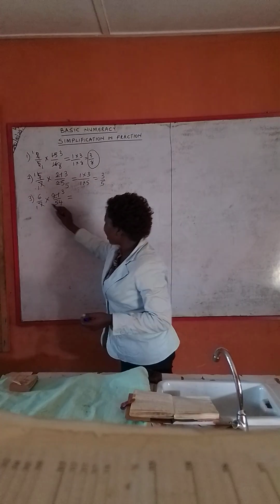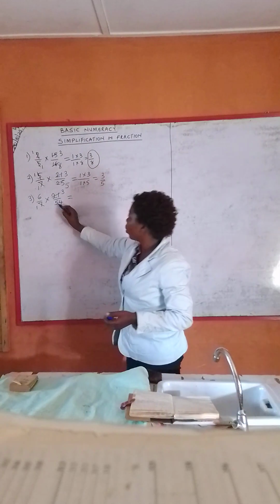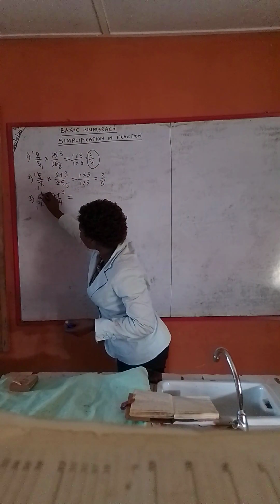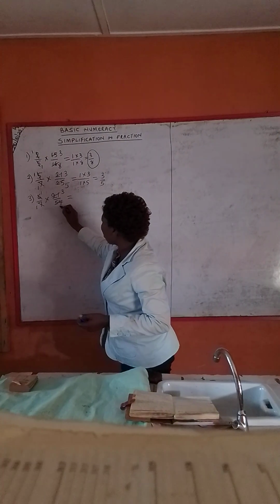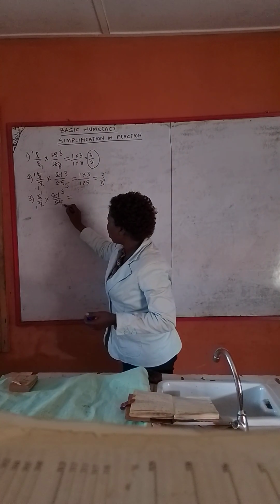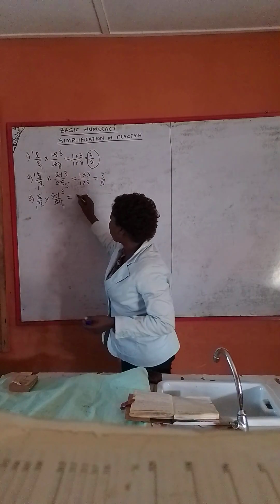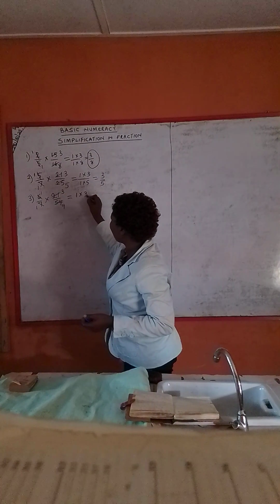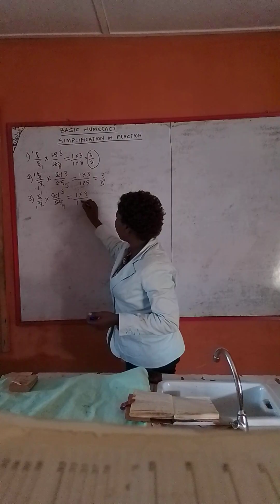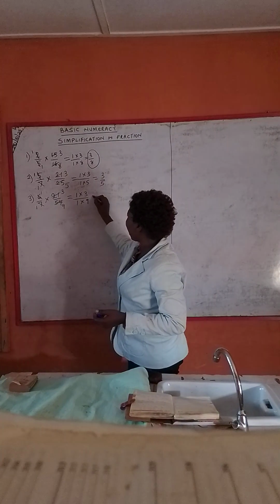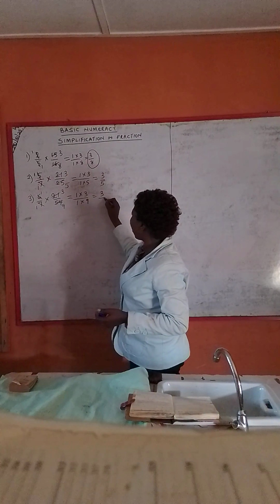Then 6 as well can divide 54. If 6 cuts 54, this will be 1 and 9. So as it is now, this will be 1 multiplied by 3 over 1 multiplied by 9, and this will be 3 over 9.